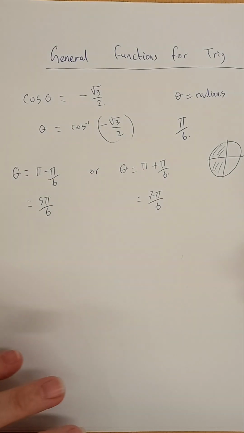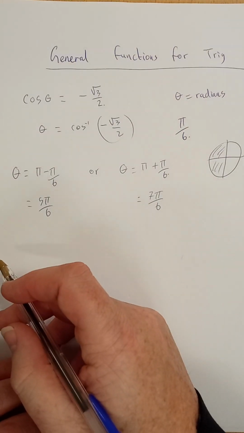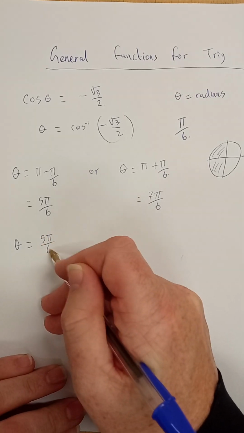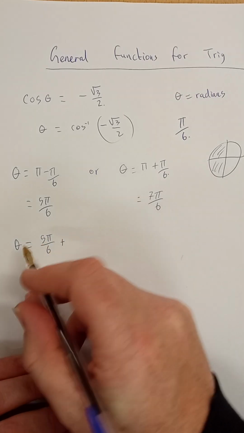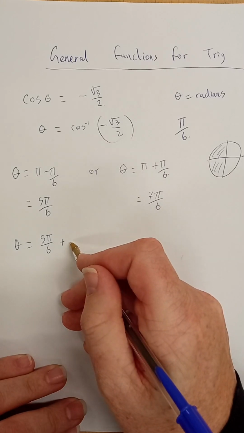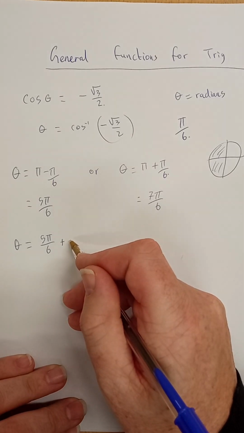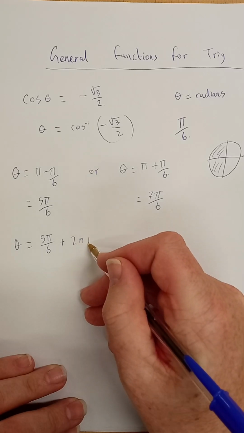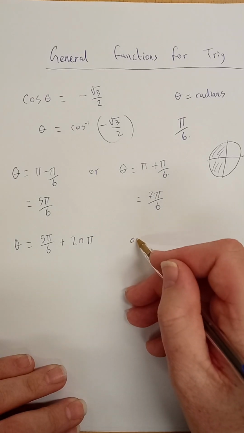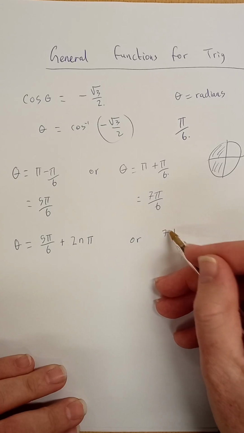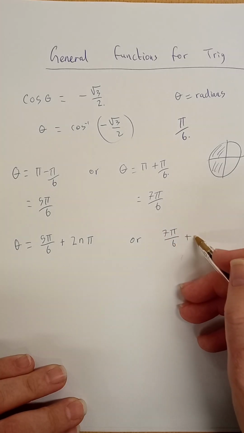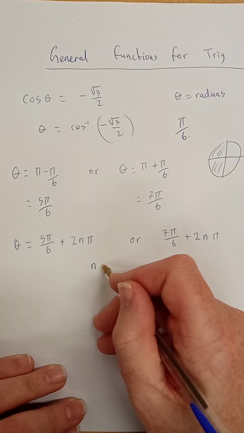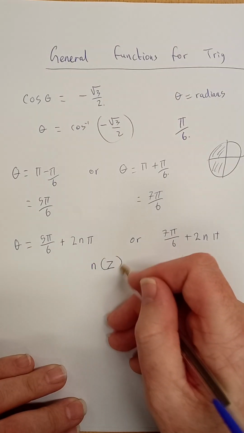So let's see what our general solution would be. So theta could actually be 5 pi over 6 plus, and this is the important thing in radians, all you have to do is write 2n pi, or 7 pi over 6 plus 2n pi, where n is an integer.